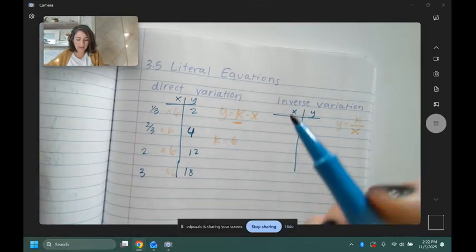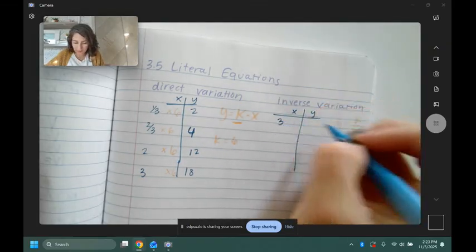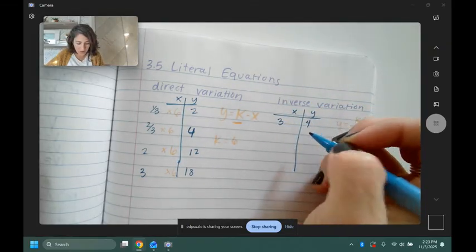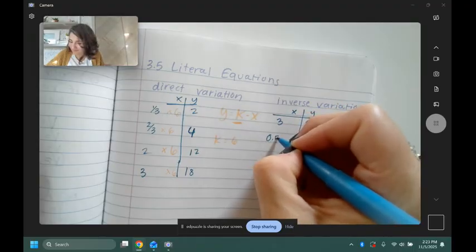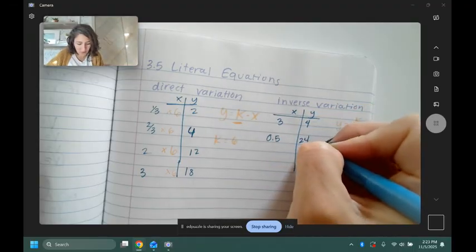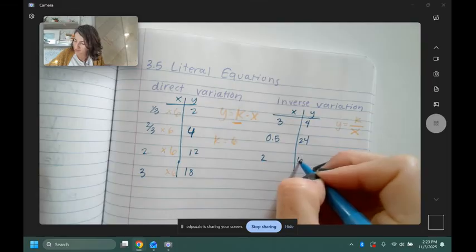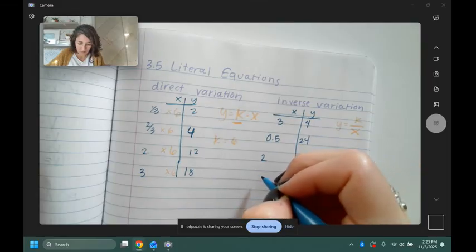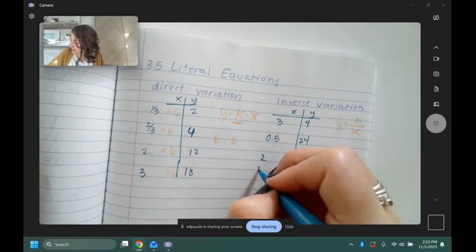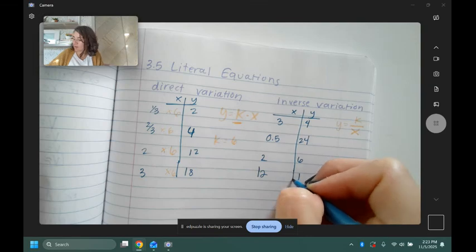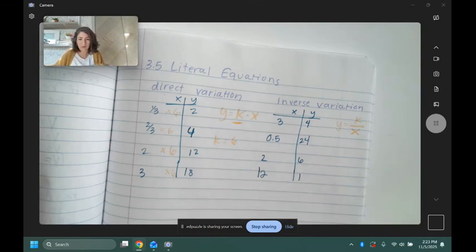Let's say here I've got 3 and 4, 0.5 and 24, 2 and 6, 12 and 1. With these ones, we're looking at something divided by your X value will equal Y.